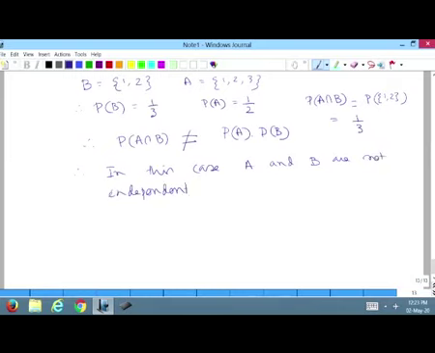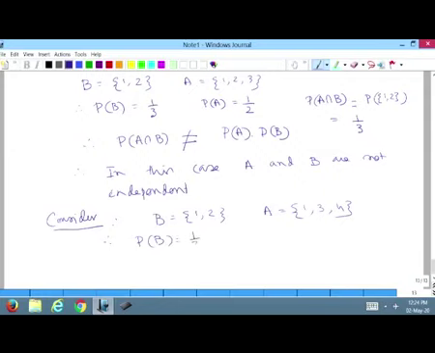But consider B = {1, 2}, A = {1, 3, 4}. Therefore, probability of B, as before, is 1/3, probability of A is equal to half, and probability of A intersection B is equal to probability of singleton {1}, which is equal to 1/6.